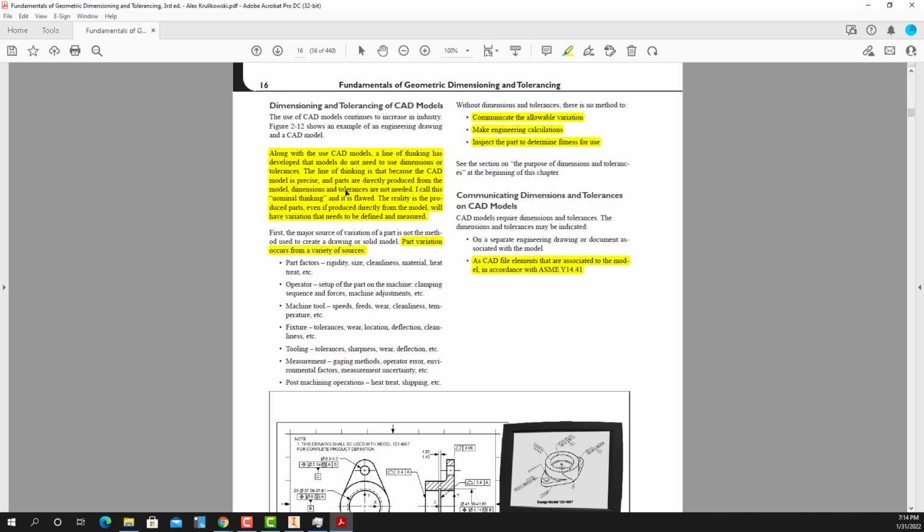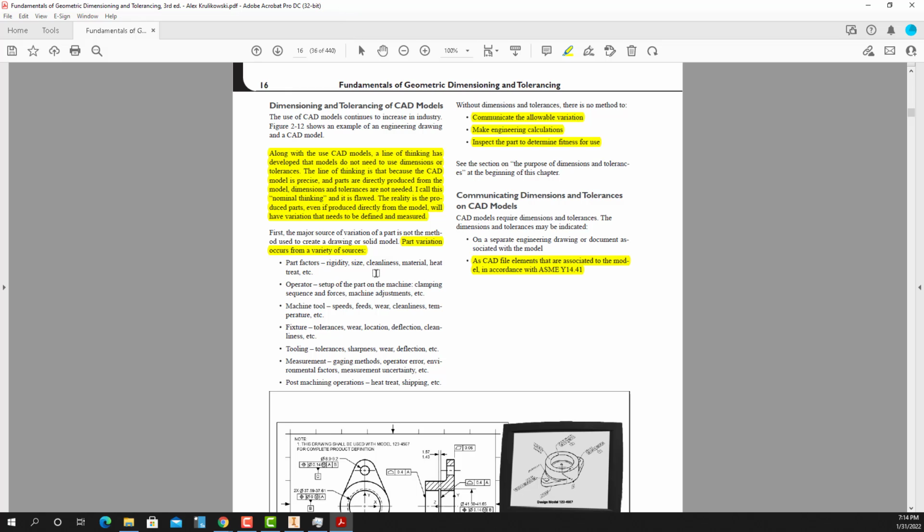But everything has tolerances. It's called nominal thinking and it's flawed. The reality is the produced parts, even if produced directly from the model, will have variation because of shrink rate, because of timing, because of processing, right? What about welding things together? Things warp with heat.